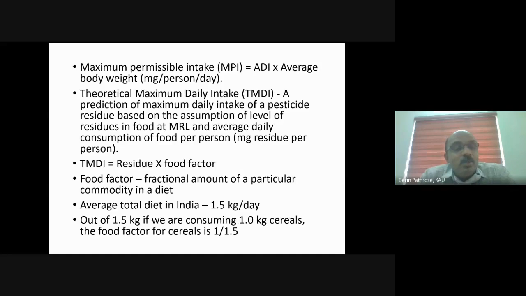But we don't take individual values, we have to give a national value, so we take the average body weight. The maximum permissible intake will be lower for Shiga and higher for Rahul and Abhishek. Okay, so that's maximum permissible intake.